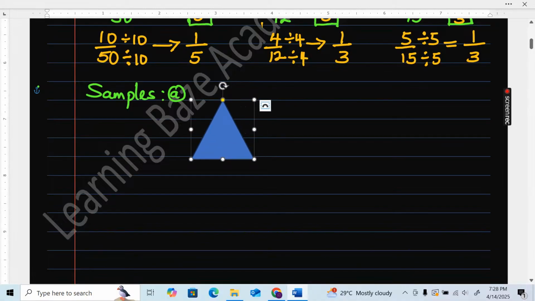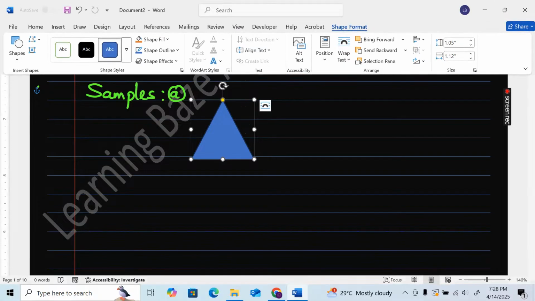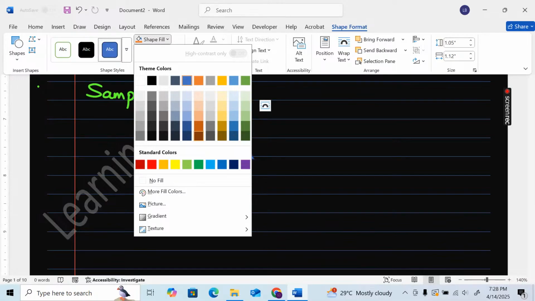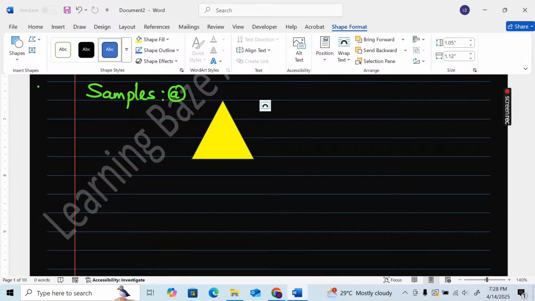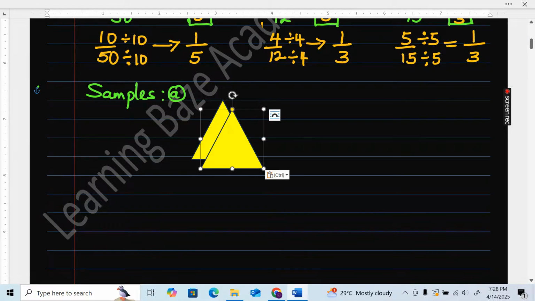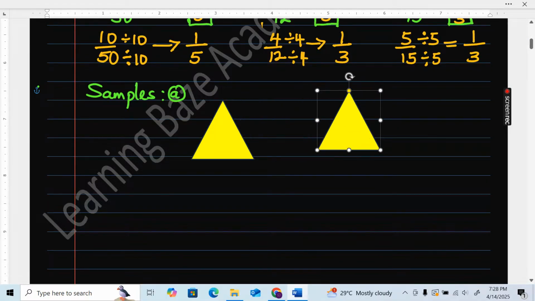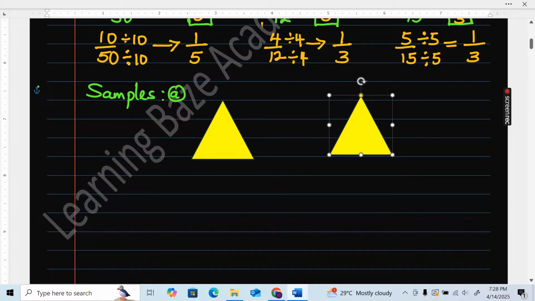Make sure you use either a ruler or a straight edge to draw the triangle. Make sure you draw your triangle nicely.